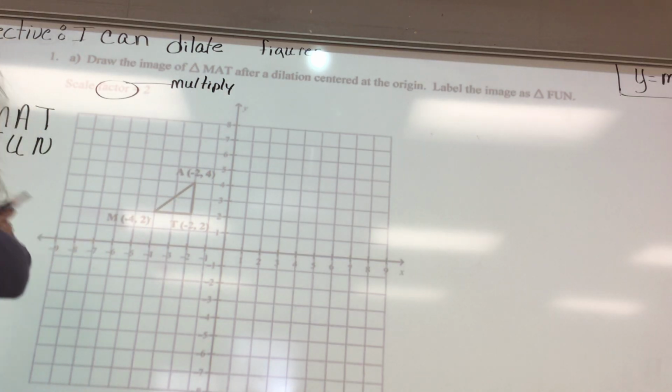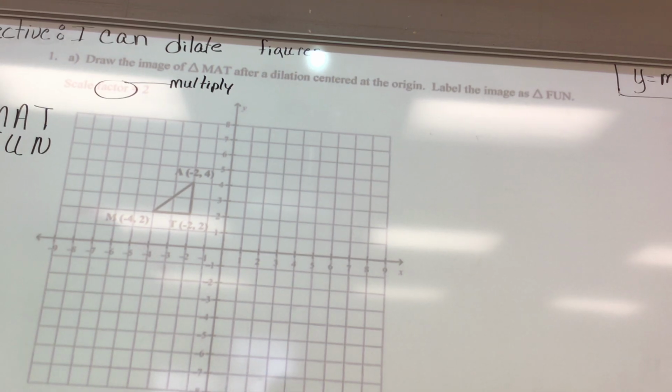If we take anything and multiply it by 2, is the image going to get bigger, stay the same, or get smaller? Take any number you want, put it in your calculator.